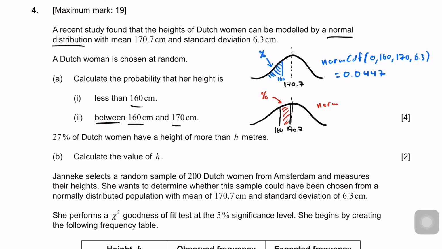So norm CDF, this is our lower bound, upper bound, and then our mean, and then standard deviation. And in this case, it's 0.0411.